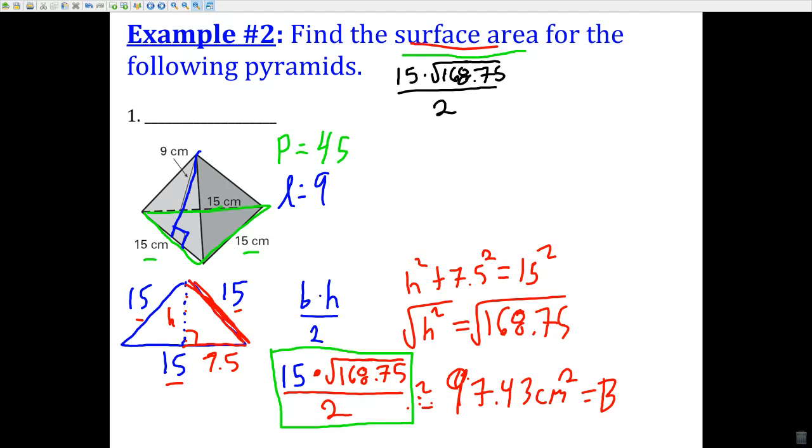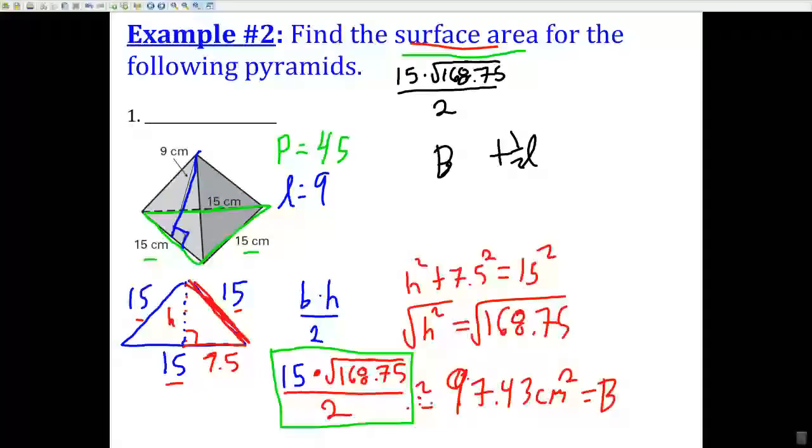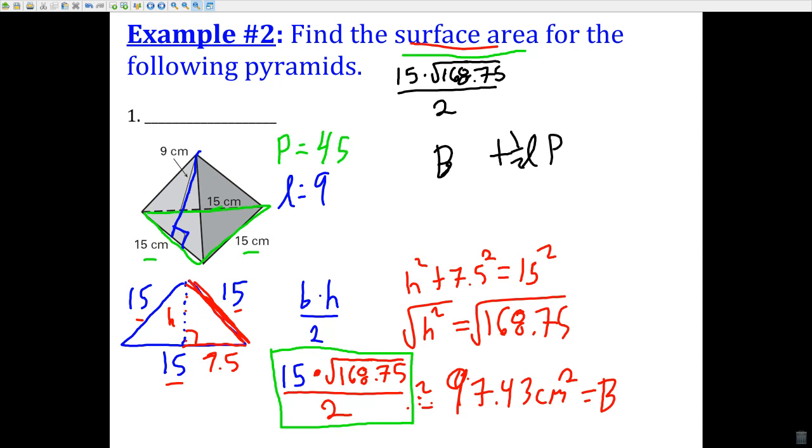That's the big B. Okay, plus 1/2 times the slant height times the perimeter. So plus, if you want to do 0.5 to make your life a little easier, you can do that. Then we have slant height is 9, so times 9 times 45.